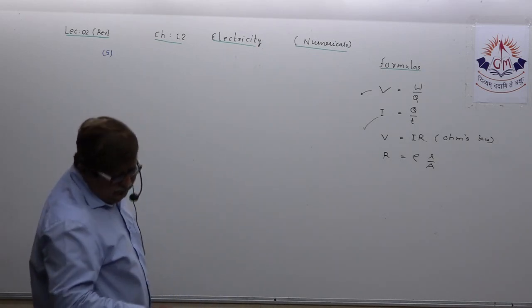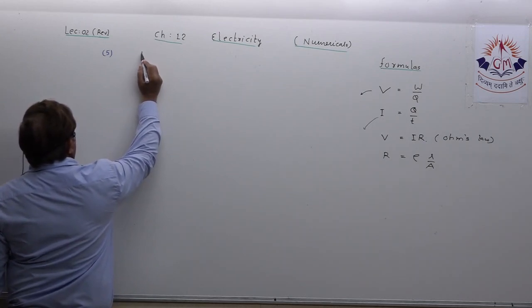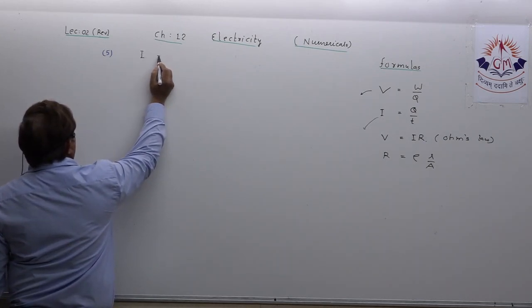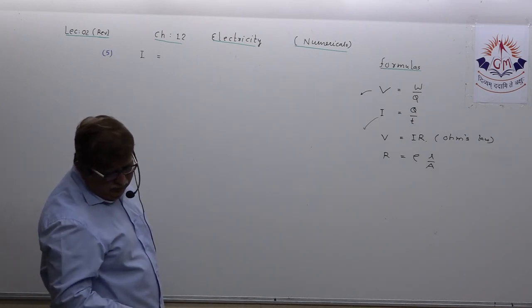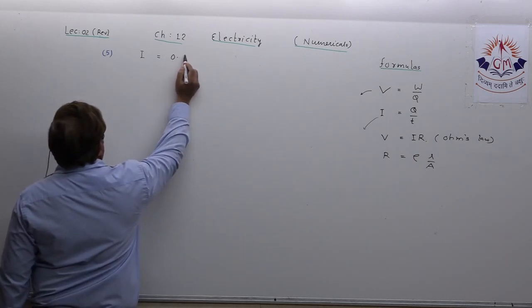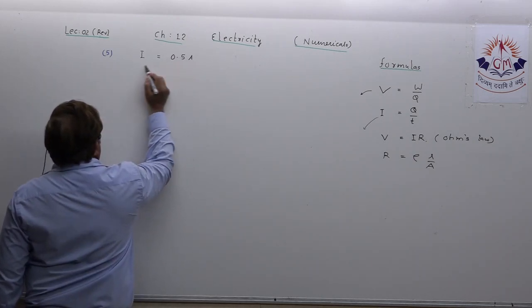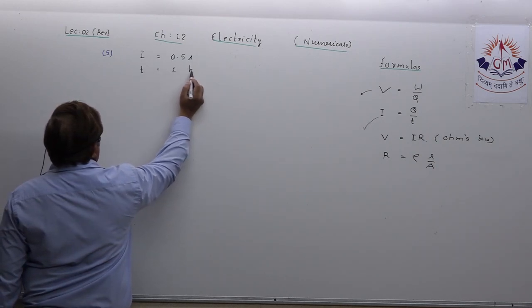What is given? Amount of current, 0.5 ampere, and they have also given the time interval, 1 hour.